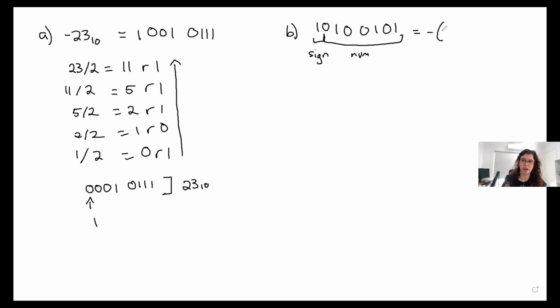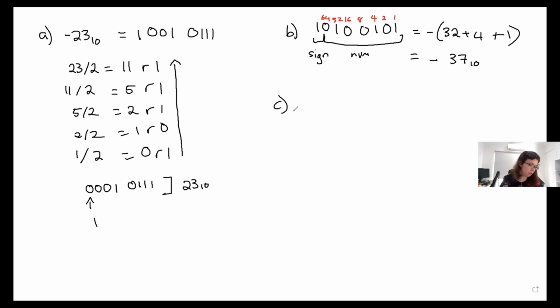And then we need to work out which bits are switched on. So let's go through our place values again. So our place values are 1, 2, 4, 8, 16, 32, and 64. So the ones that are switched on are 32, 4, and 1. So we have negative 37 with a base of 10. So first bit is the sign, and then we add up all of the other ones that are switched on.